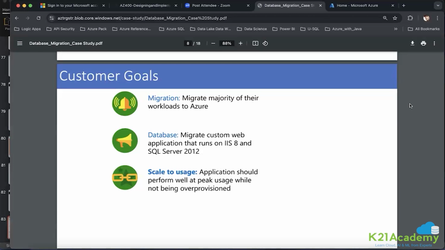Here are the three major goals from the customer's point of view. One of them is migration: migrating the majority of their workloads to Azure, which includes their reporting, their gaming servers, their database, as well as the data warehouse.